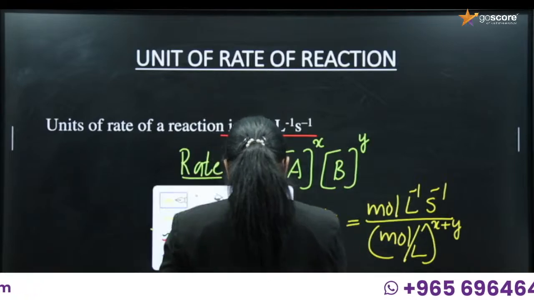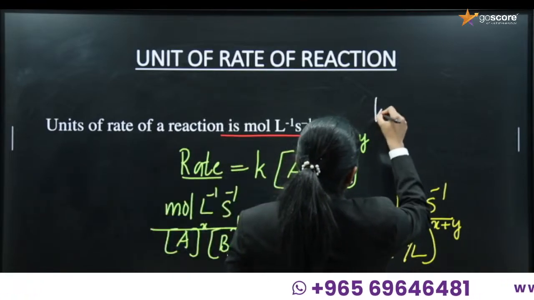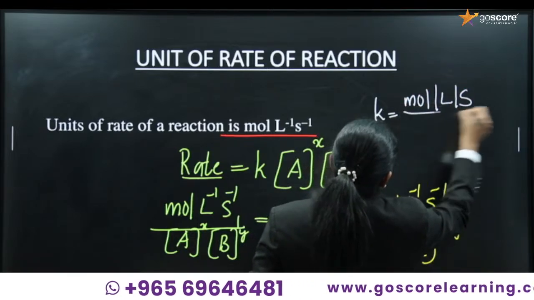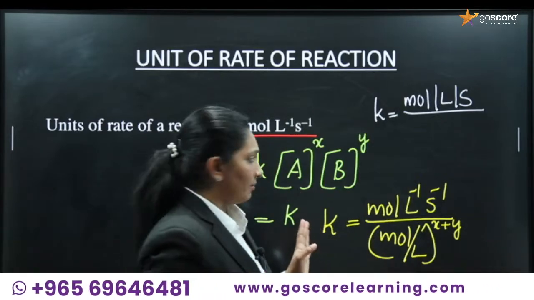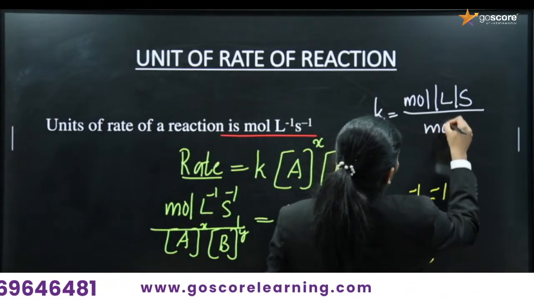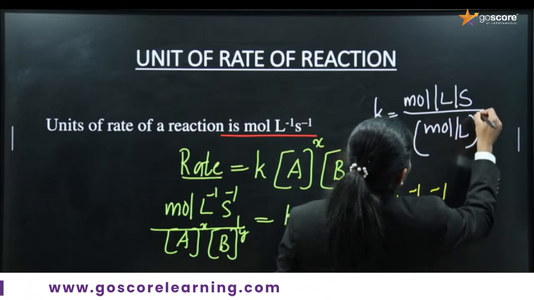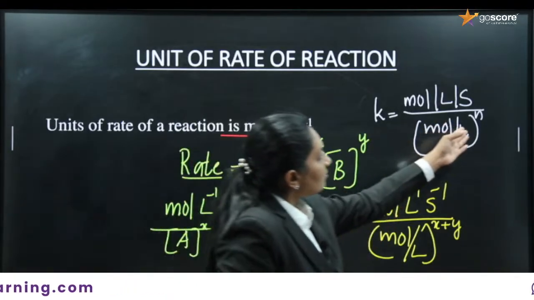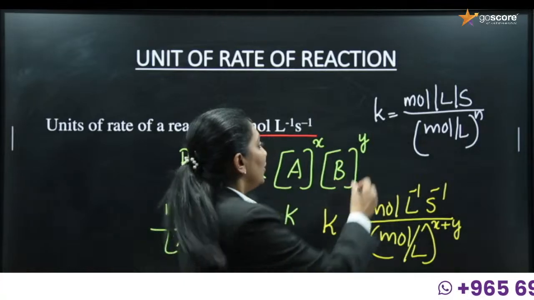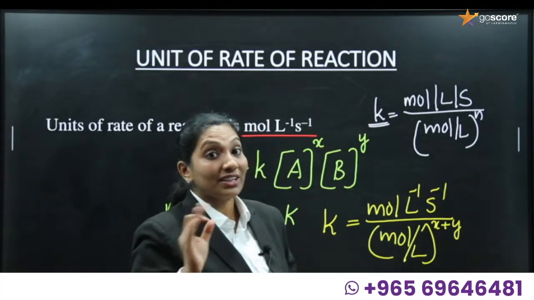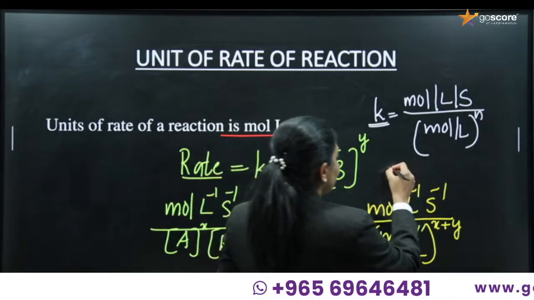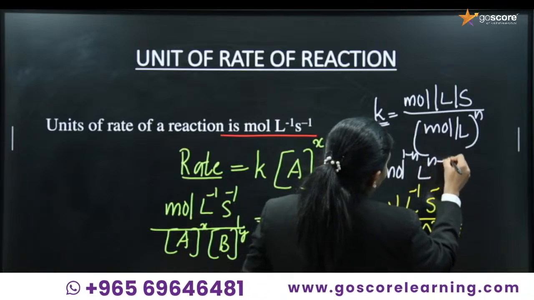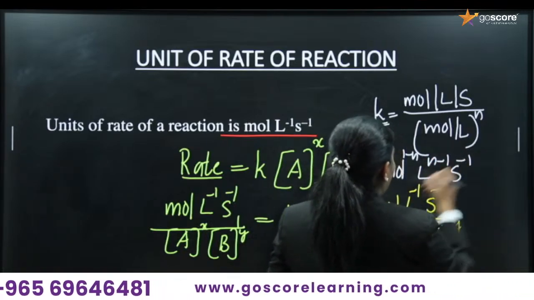So K equals mole per liter per second, or mole liter inverse second inverse, both are the same, divided by mole per liter raised to N. Whenever you get any order of the reaction, if N is 0, substitute the value here and you can find the unit of the rate constant. If you are feeling difficulty remembering this, just remember this one: mole raised to 1 minus N, liter raised to N minus 1, second inverse.